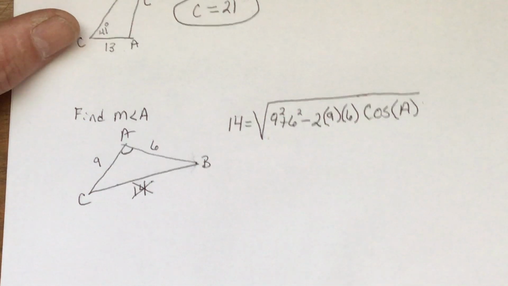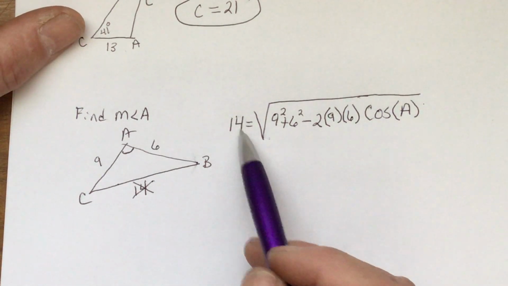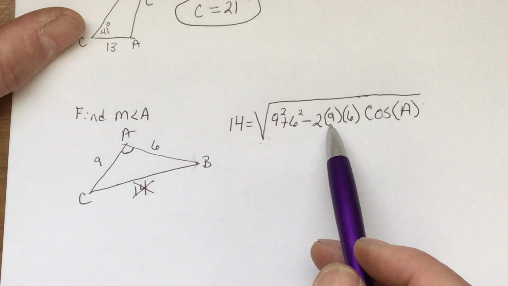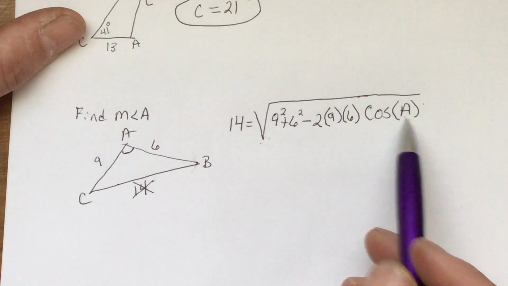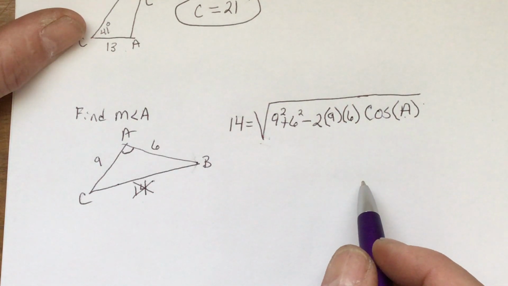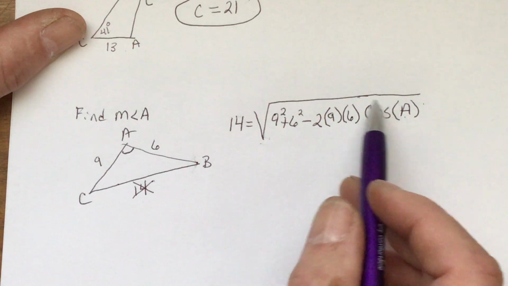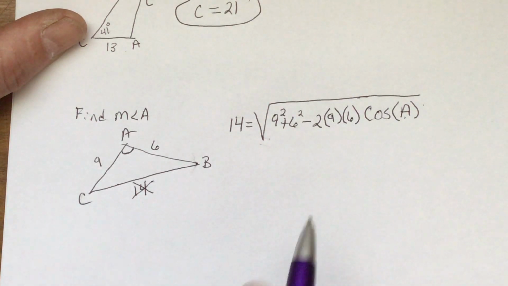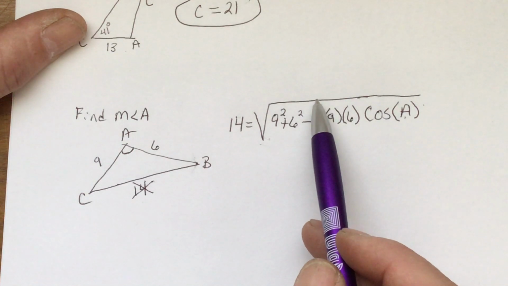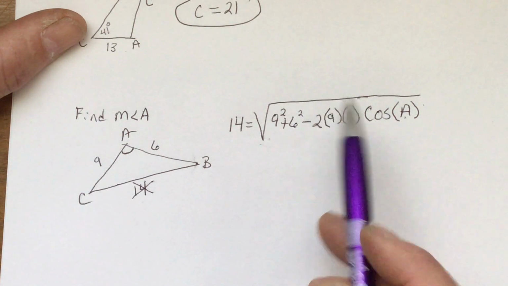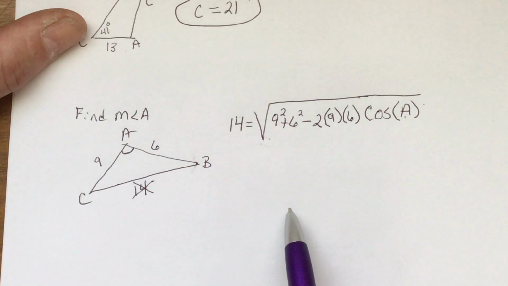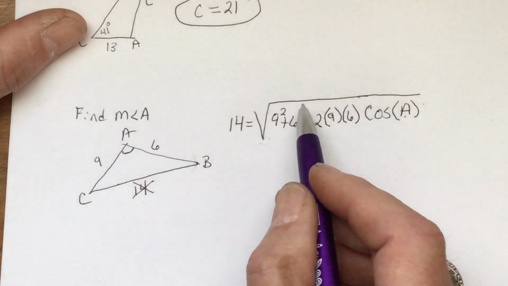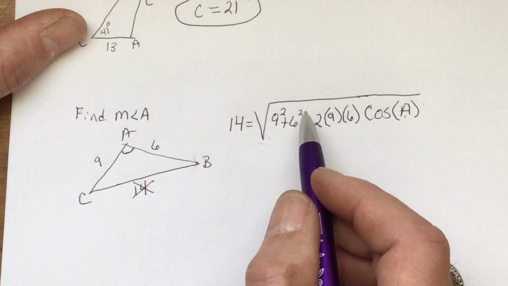Right, this is basic algebra here. All right, we're going to solve this for A, the angle measure. What we're going to have to do is move everything away from the A. We're going to start with the square root symbol. It's got to go. And how do you get rid of a square root? You get rid of a square root by squaring.